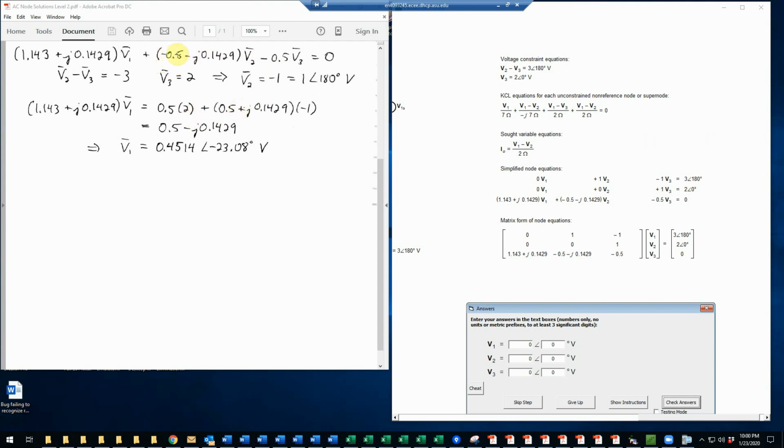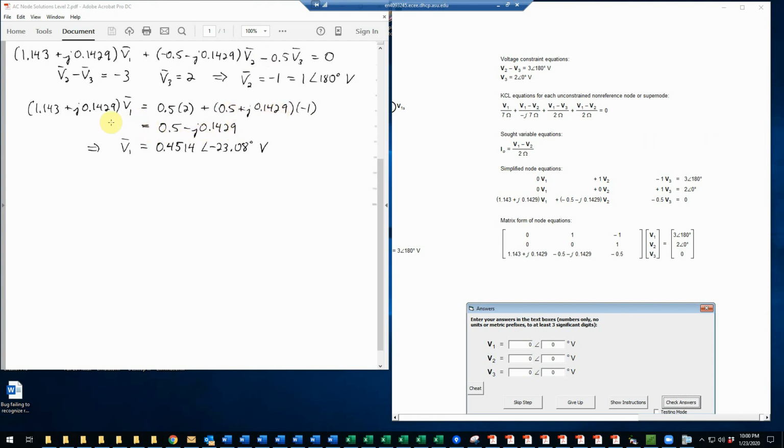I forgot, when I subtracted, I just changed these minus signs to a plus sign. That's what I did here. So I changed the minus signs to a plus sign to put it on the other side. And then I multiplied by v2, which is -1. Okay? And then I'm just evaluating that, adding that up. 0.5 times 2 minus 1, of course, it's just 0.5. And then we have the minus j 0.1429. We can do that in our head.